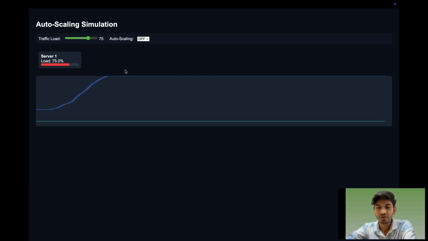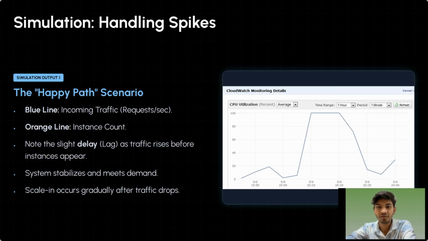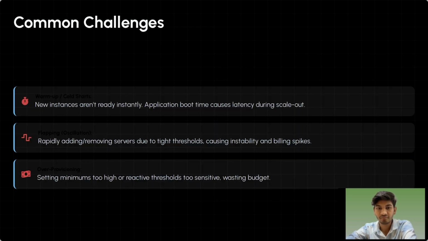You'll notice the load bar shifts from green to yellow and eventually red. This tells us the server is getting overloaded. If you look at the graph below, the blue latency line jumps upward, showing that the system is slowing down. This is exactly how real cloud systems behave during a traffic burst. One server simply can't keep up and users experience delays.